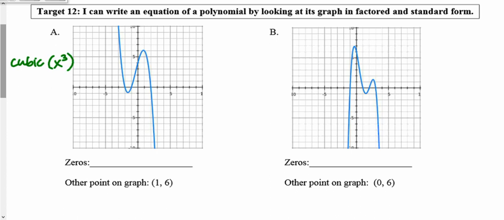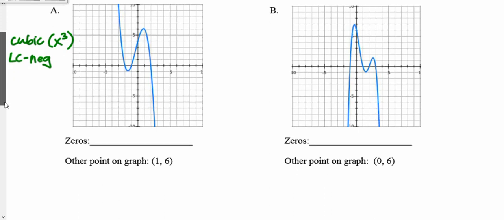The other thing is if you think about your end behavior, notice how the left side is up and the right side is down, which means your leading coefficient should be negative. So when we think about standard form at the very end, our equation should start with a negative x to the third of some kind. I always like to think about that first before we get started. And again, it's just a great way to double check your work.